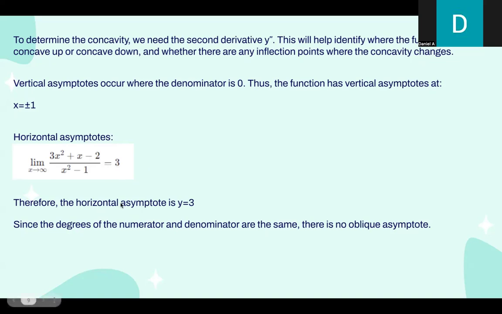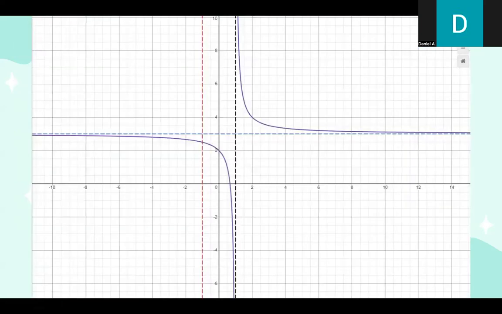Therefore, the horizontal asymptote is y = 3. We cannot find oblique asymptotes since the degrees of the numerator and denominator are the same. If we put all this on the graph together, it should look more or less like this.